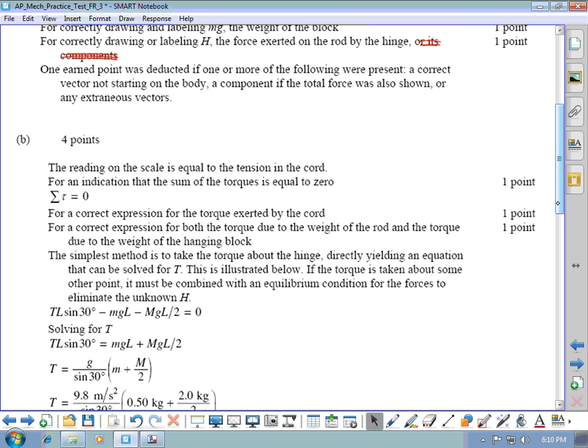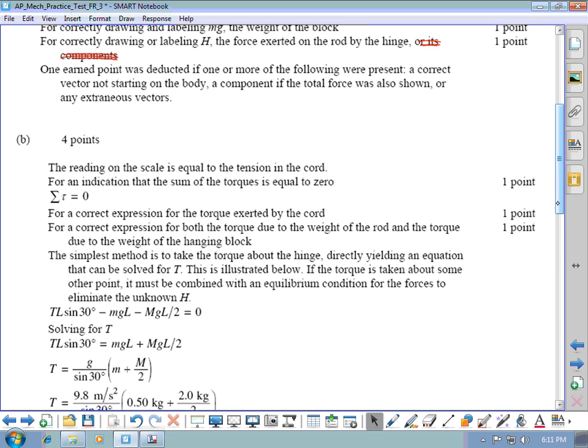So I said the simplest method is to take the torque about the hinge, directly yielding an equation that could be solved for T. If the torque is taken about some other point, it must be combined with an equilibrium condition. Because this is not rotating, you can pick any point to be your axis of rotation, and so the torque around that axis would have to be 0.